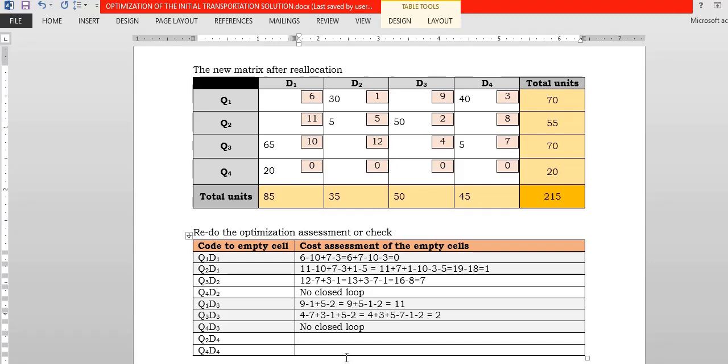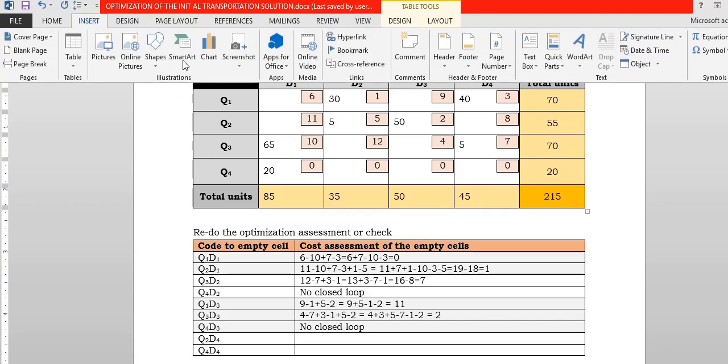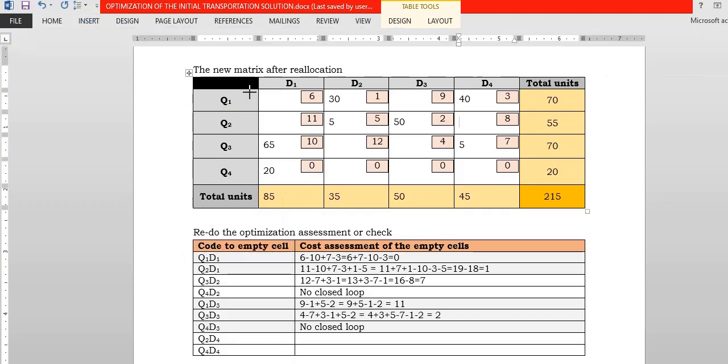Okay, so now we have what we call Q2D4. Here we go, Q2D4. This one is a very good closed loop. So we shall move upwards, up to there.